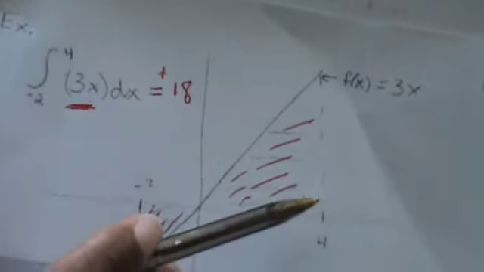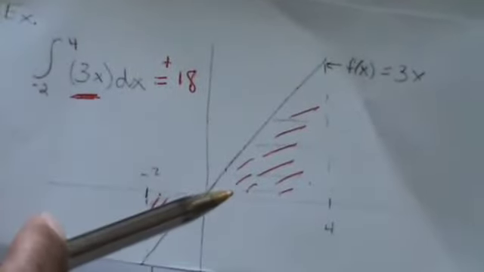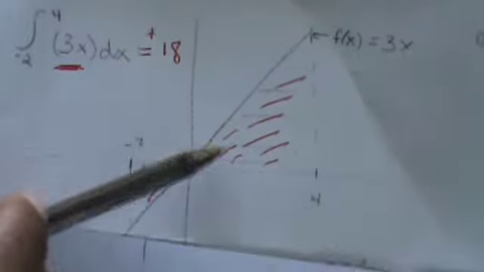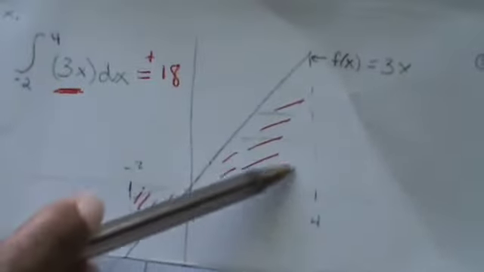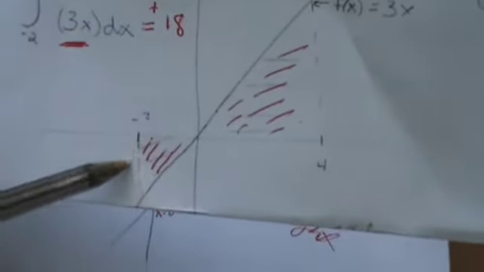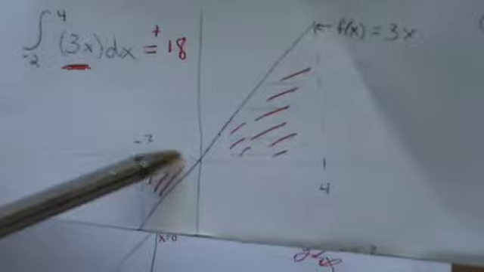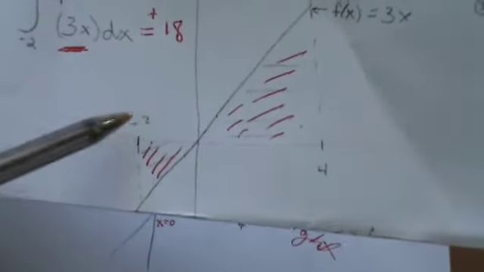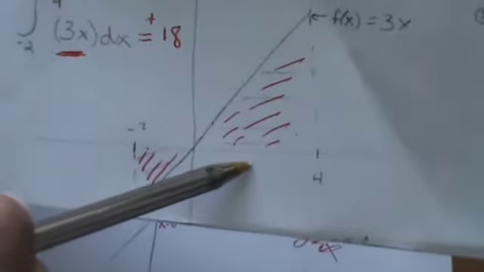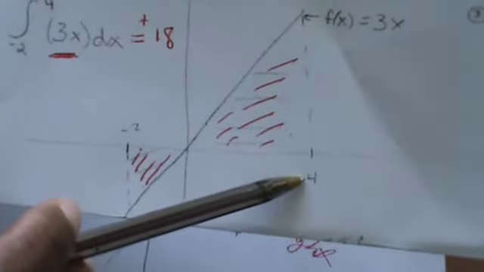Now the reason for that is because your calculator takes into account, yeah, it'll say you got 24 positive units here. Positive in the sense that it's above the x-axis, but you also have 6 units below the x-axis. So the calculator is going to look at the cumulative amount of area.